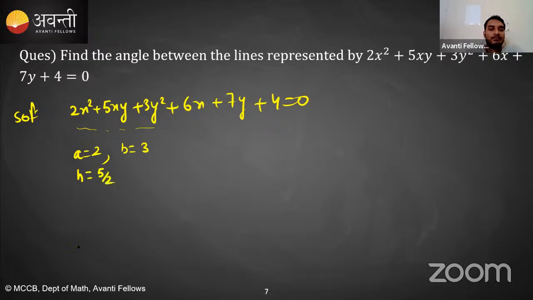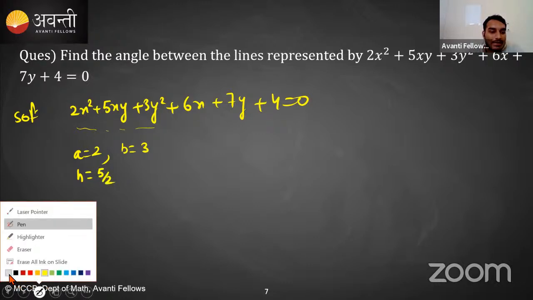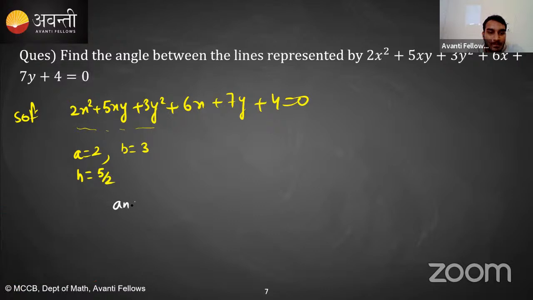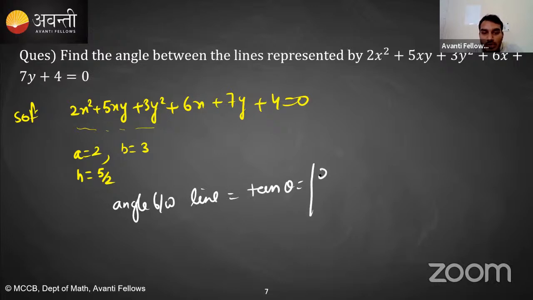That's it, right? So the angle between the lines is, what did you get then? tan theta is equal to the modulus of 2 times under root of (h square minus ab) upon (a plus b).